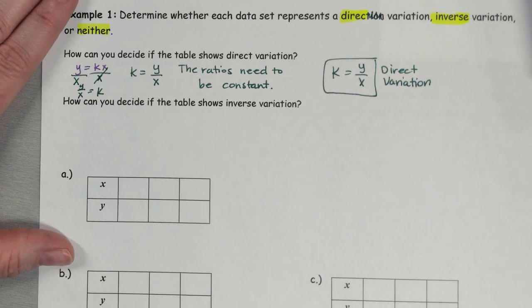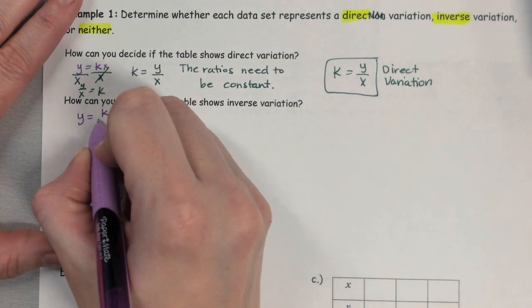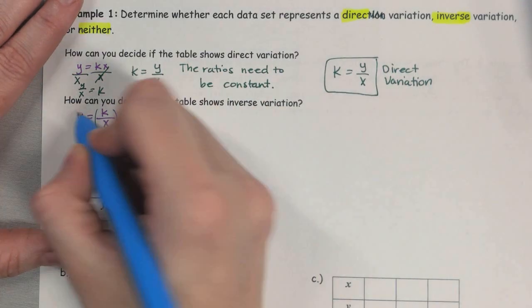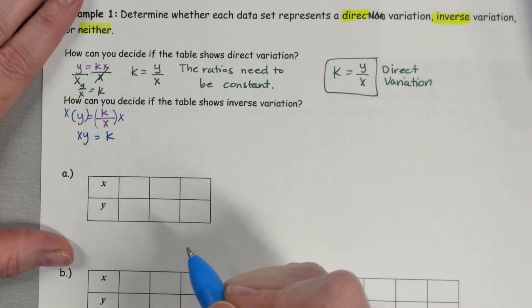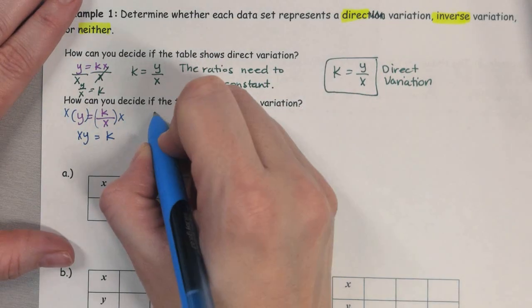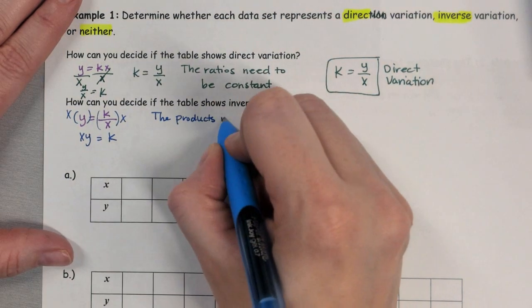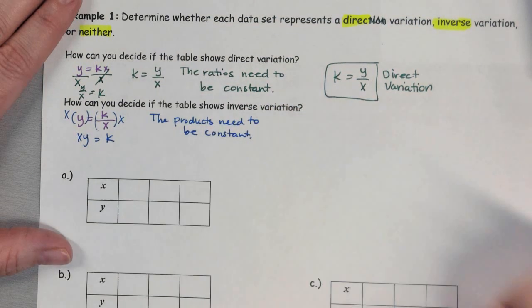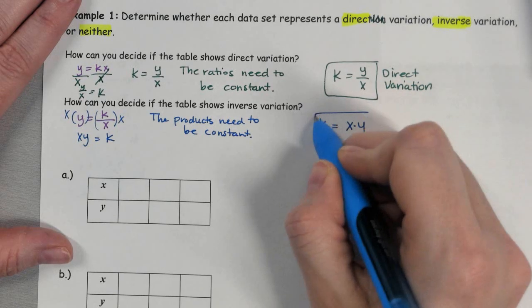Okay, and then for the inverse variation, we have y equals k over x. If I wanted to solve that for k, what would I have to do to both sides? Yeah, if I multiply both sides by x, I would get xy equals k. So in this case, the products need to be constant. If you have a table, what you would want to do is x times y.